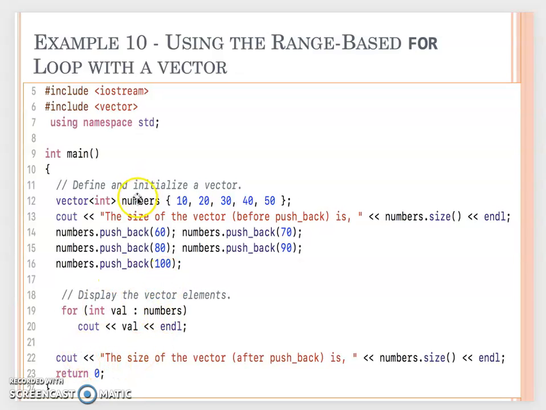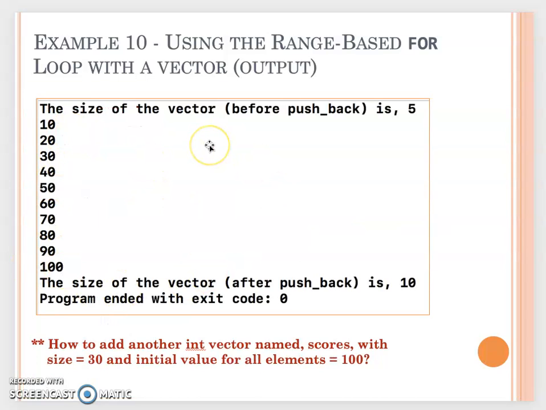Afterward, because originally you had 5 elements and then you pushed back 5 more, at the end you have 10 elements using the size function. You will see 10 displayed here. Make sure you pause the video and download this file and run it on your IDE.